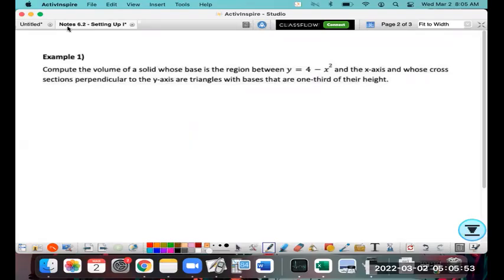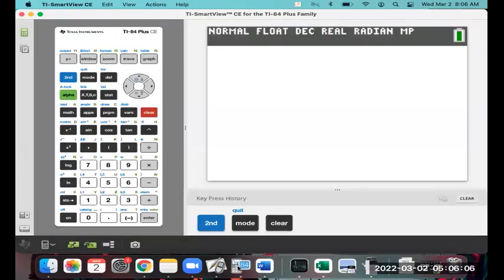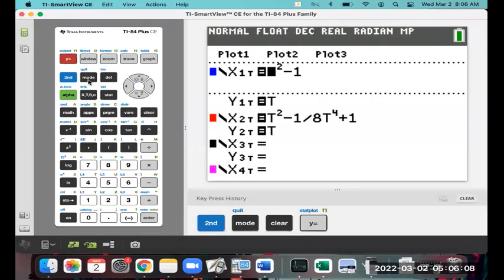I know what the graph of 4 minus x squared is. It's literally just a parabola that starts at a y-intercept of 4 and then it opens downwards. But I'll plug that here anyway.